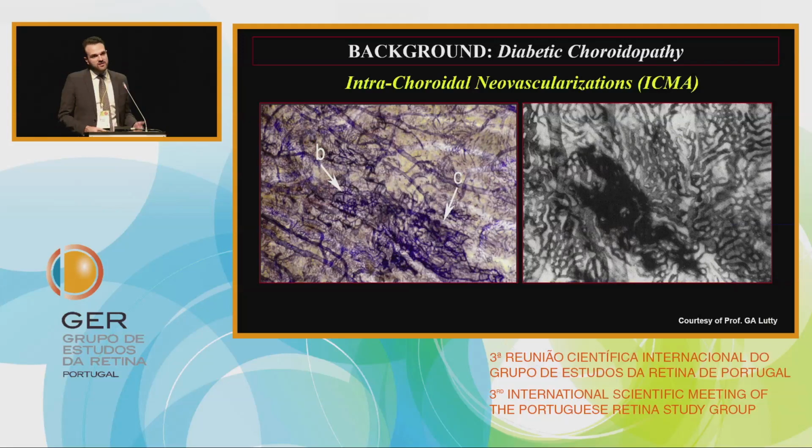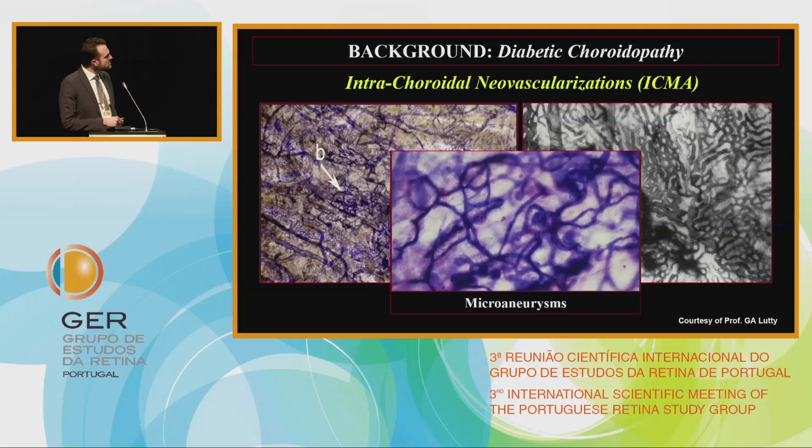This is a novel entity because we are normally facing neovascularization which develops in between Bruch's membrane and the RPE. These are neovascularizations that are primarily underneath Bruch's membrane, so directly at the level of the choriocapillaris. And these structures typically develop focal vascular dilations called microaneurysms, but they are localized only at the level of these neovascular tissues.